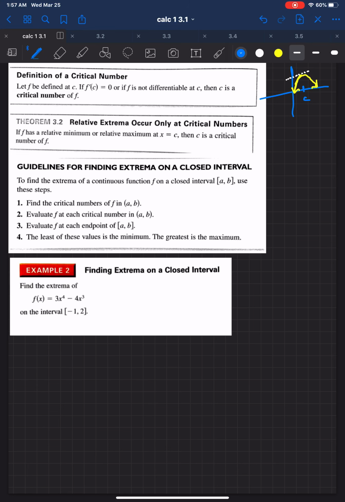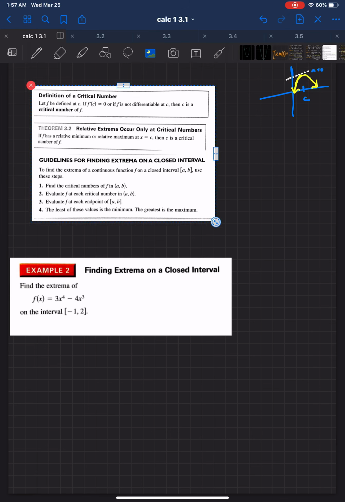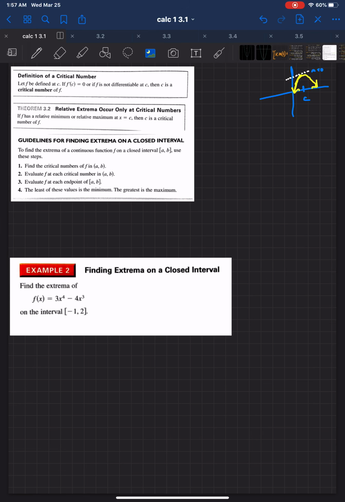In other words, this is when your slope equals 0. And of course, we've already talked about when derivatives do not exist. So let's try to capture that statement in our own words here.